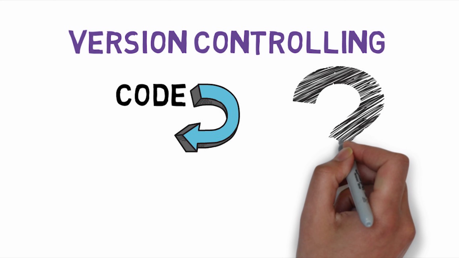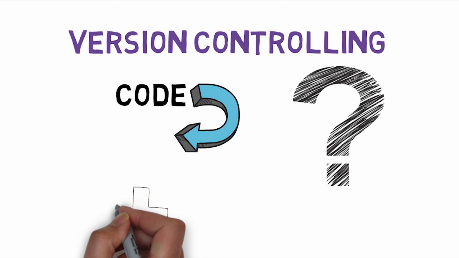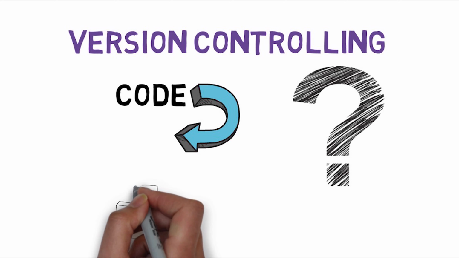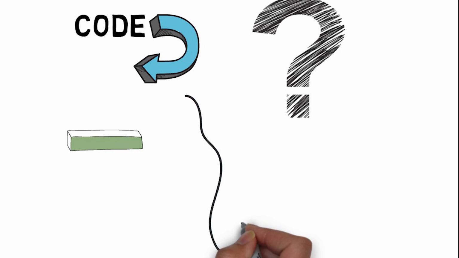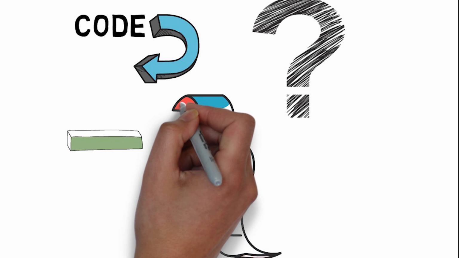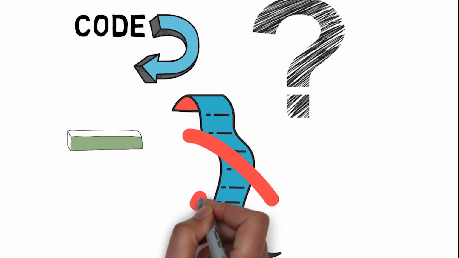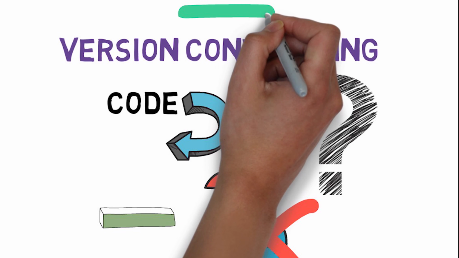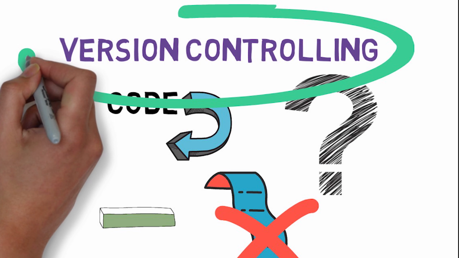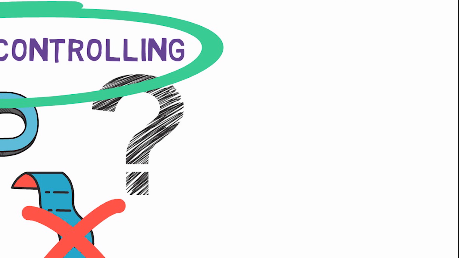But if it is still not solved, like if the problem is very specific to your code, like somewhere instead of plus you wrote minus or anything like that, and you are not able to find this issue because of complexity of your code, in that case, you will have to start from scratch again. But if you are using version controlling, you can go back to your code when your code was working and you can start from there.